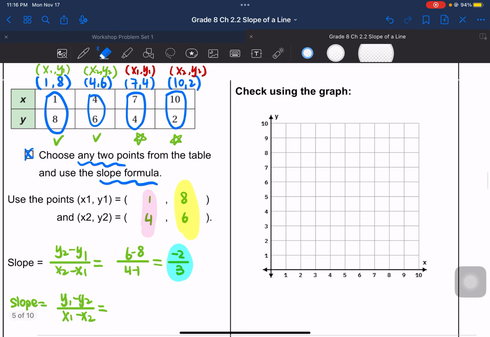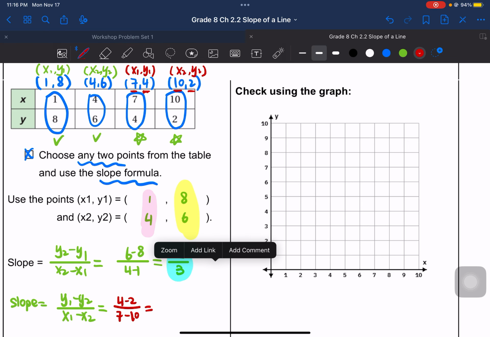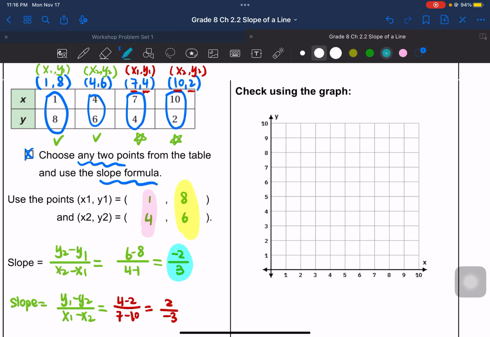So my y1 minus y2 would be 4 minus 2 on top. And I have x1 minus x2, so it would be 7 minus 10. So I'll have 2 over negative 3. And you'll find out you get the same answer. Just remember, negative 2 over 3 is the same as 2 over negative 3, and it's the same as negative 2 over 3, okay? They're all the same thing.